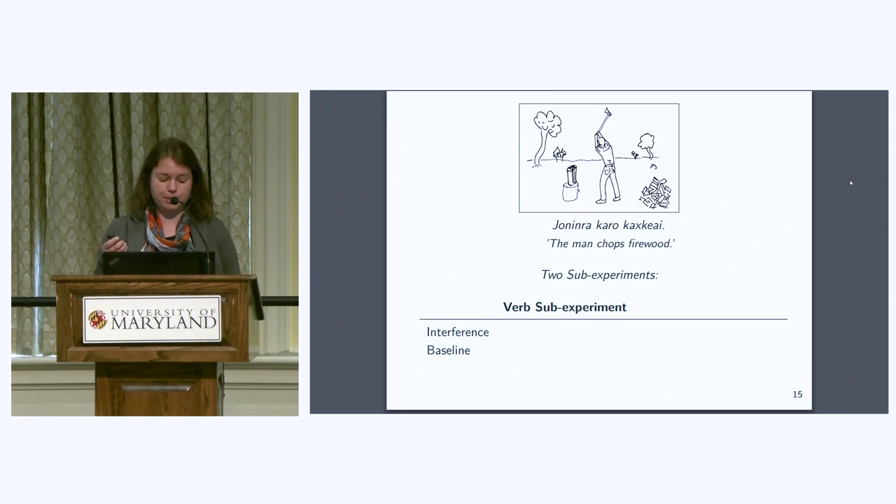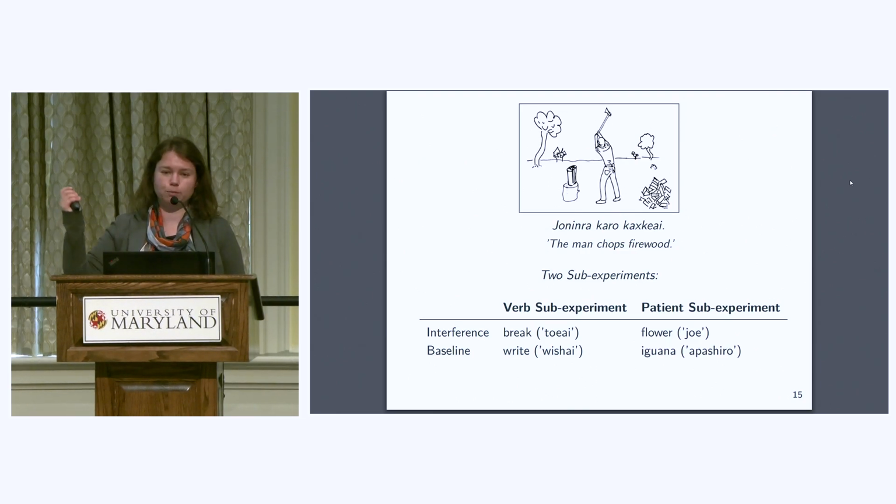So the verb sub-experiment, and then we also have a patient sub-experiment where we're going after that patient. You might look at this and think flower is kind of a weird interferer for firewood, but it turns out that Shipibo is an Amazonian language that doesn't have a general word for plant. It has flower and it has tree, and that's it. So this is what we got.